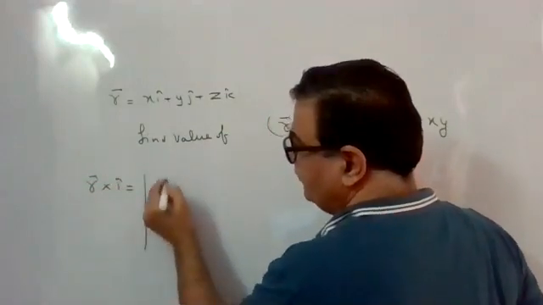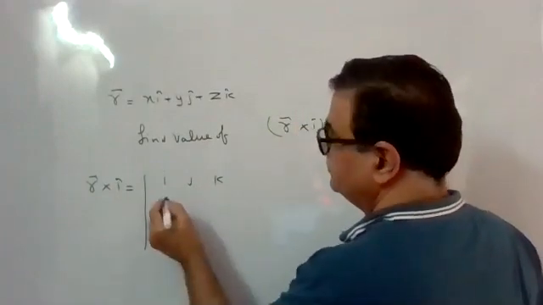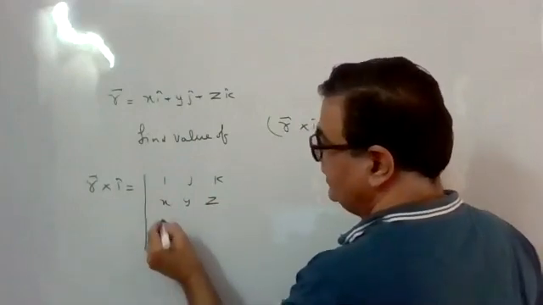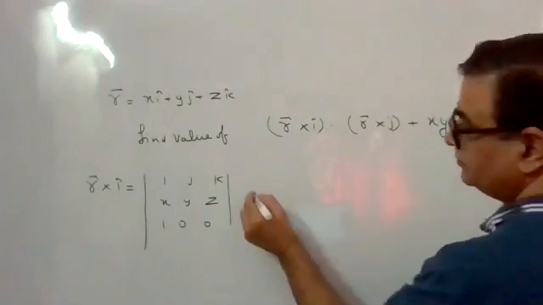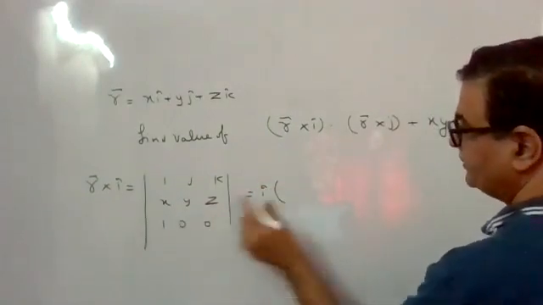R cross I, when you take, it will be I, J, K. This will be X, Y, and Z. And I cap means 1, 0, and 0. Now when you solve it, it is I times 0 minus 0.